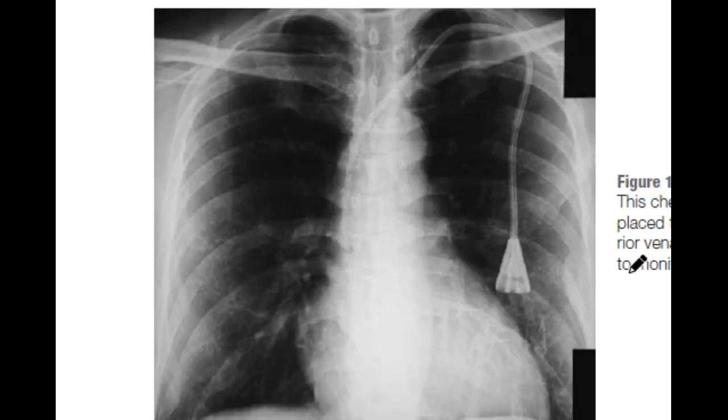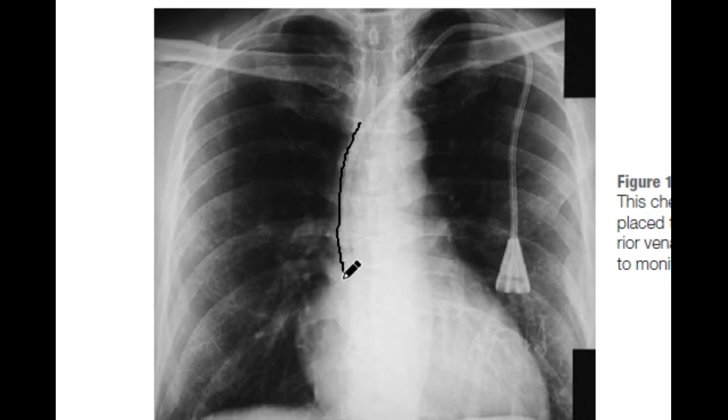This is a chest X-ray picture, and in this chest X-ray you can see there is some pipe here with some expanded thing. This is actually a central venous line placed in the right subclavian vein. This is present outside, but through the right subclavian vein this catheter is put and it passes to the superior vena cava, and then it reaches the right atrium.